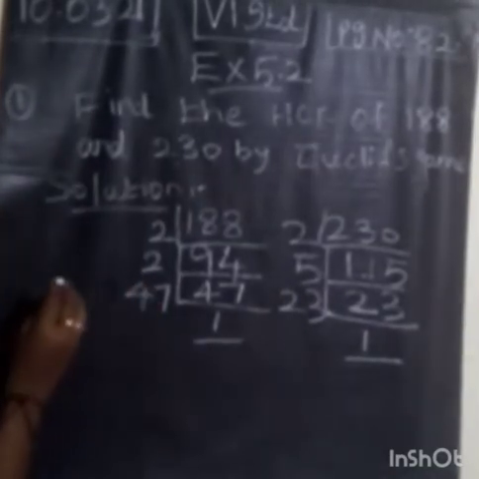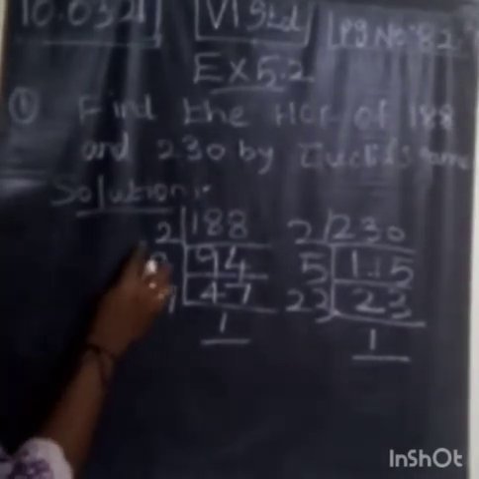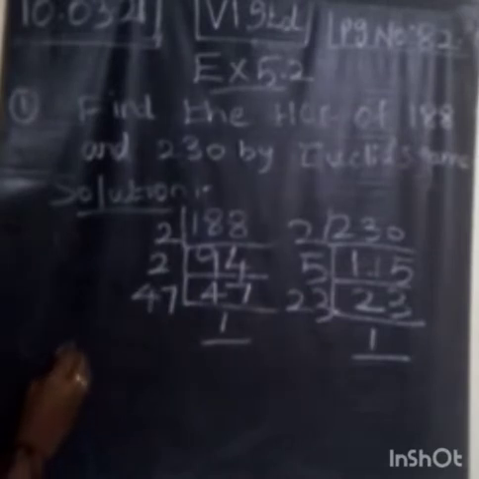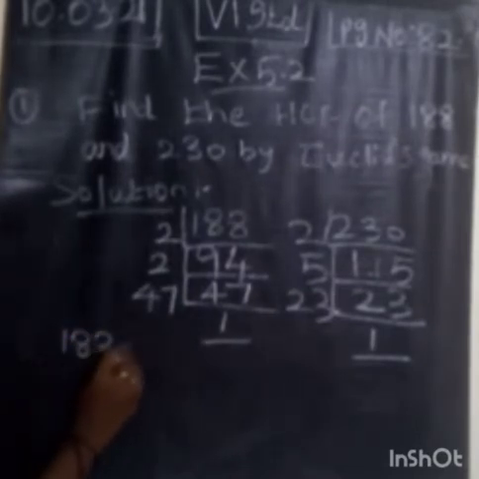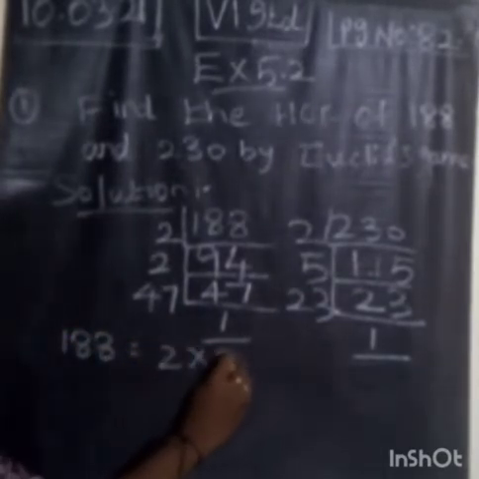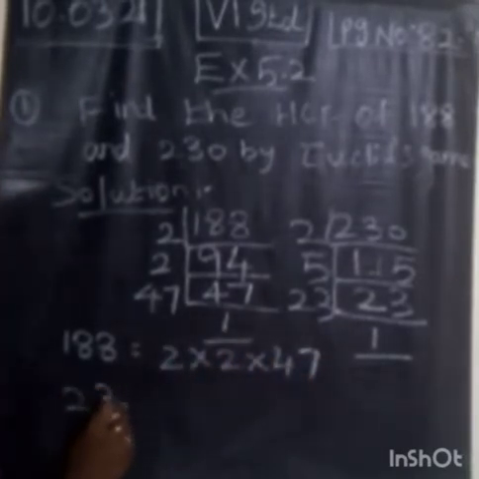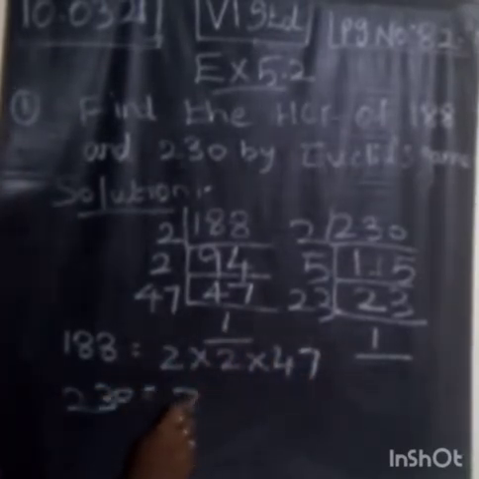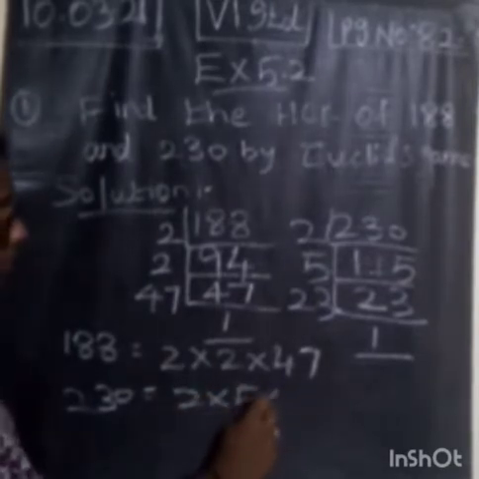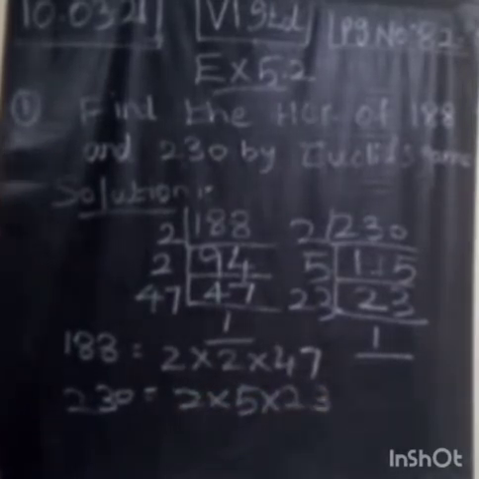So the prime factorization of 188 equals 2 into 47, and the prime factorization of 230 equals 2 into 5 into 23. Now multiply the common factors.